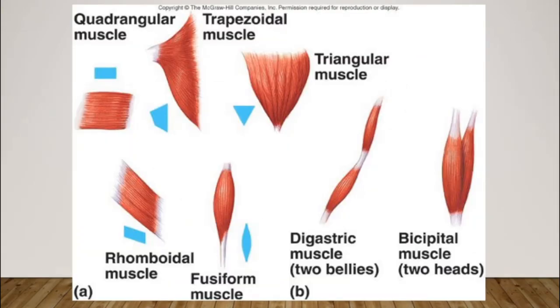Another type of name based on shape: we have the quadrangular muscle, trapezoidal muscle, like the pectoralis, triangular muscle, the fusiform, digastric, found in our neck, bicipital muscles with two heads, and the rhomboidal muscles.